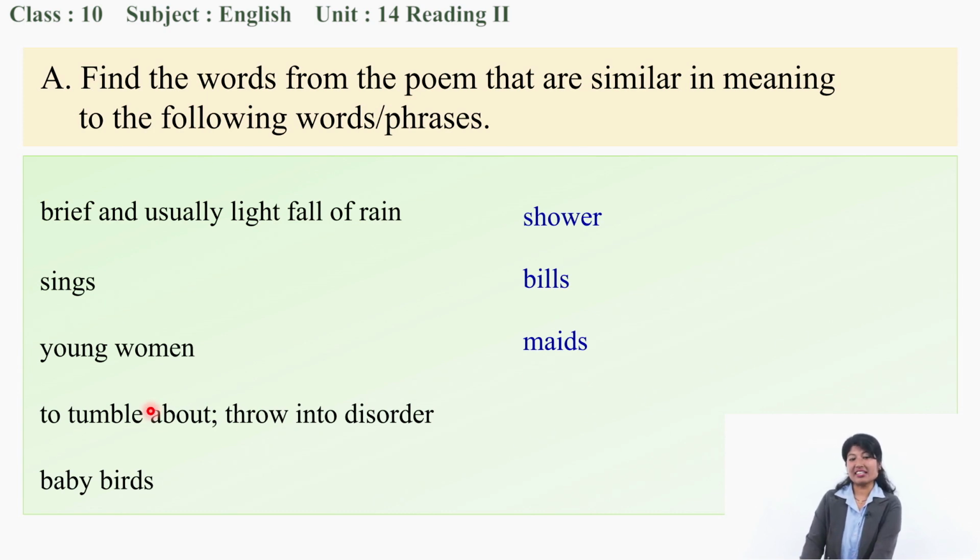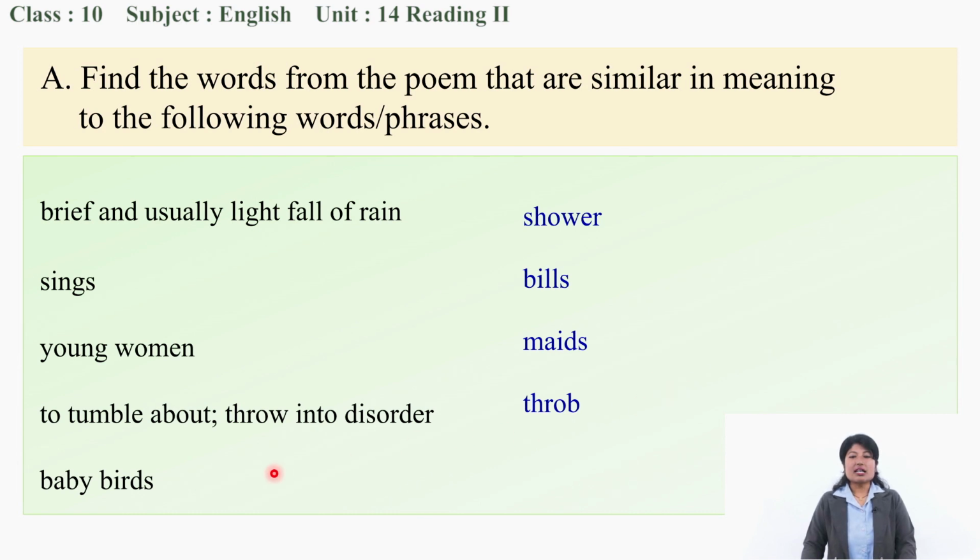Next, to tumble about, throw in this order. Tumbling in this ordering. What is the word? Starting from T. Absolutely, the answer is trope.